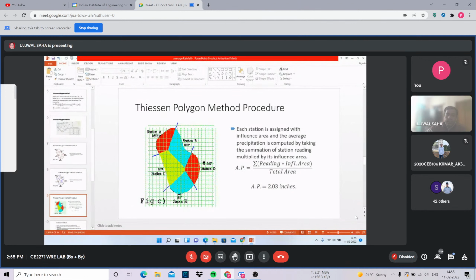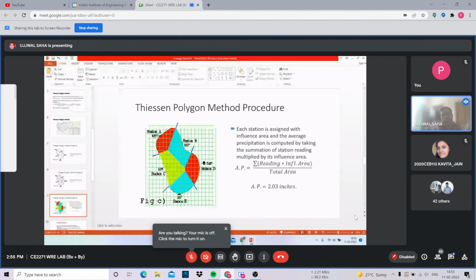But how do we set these stations? The stations are set by whatever we have practically. We know where the rain gauge stations are.